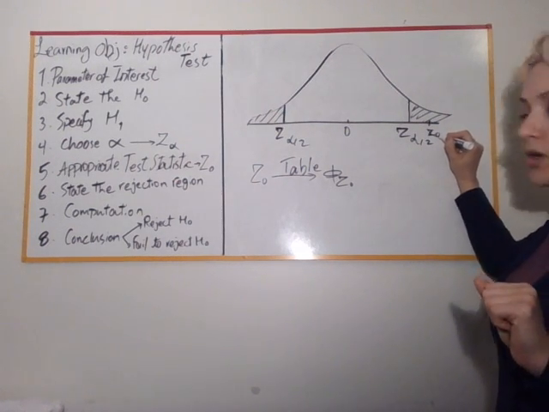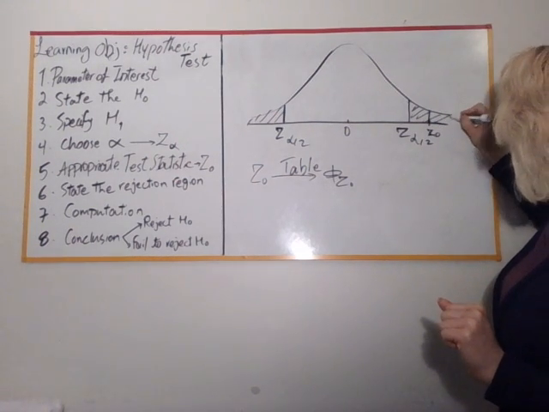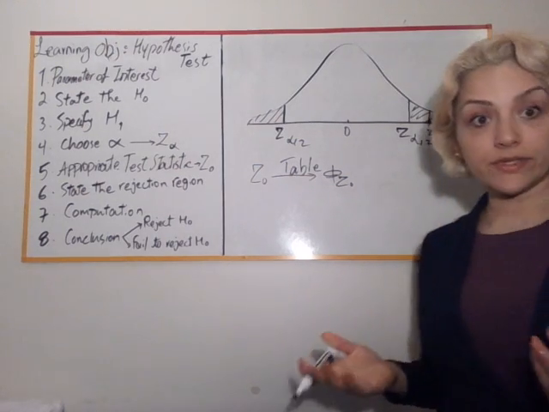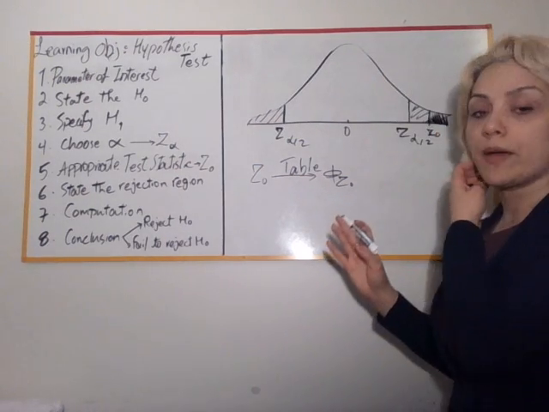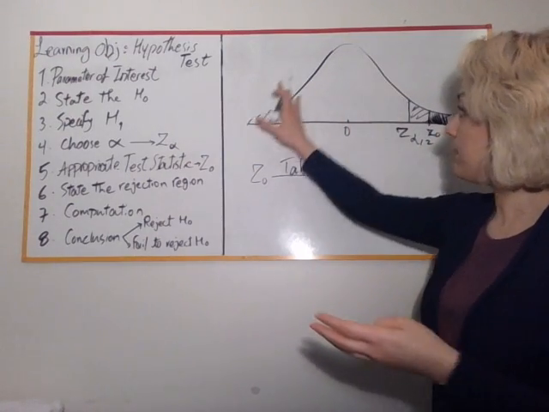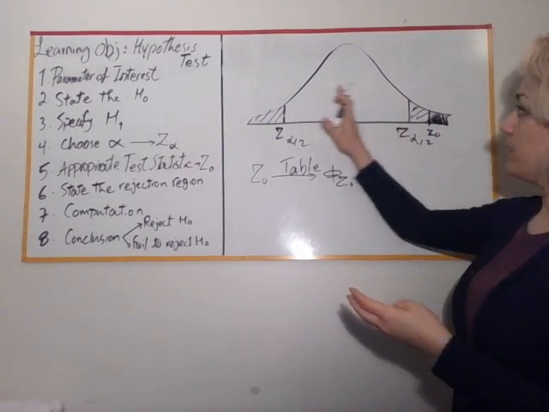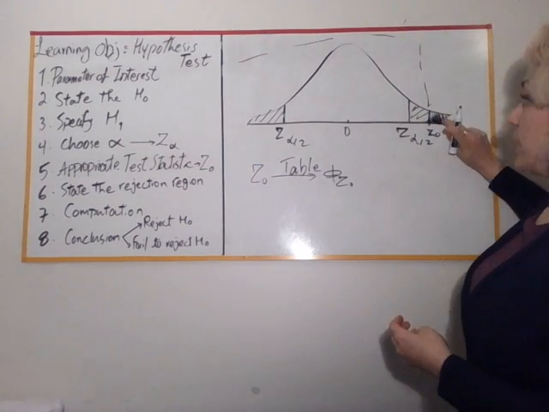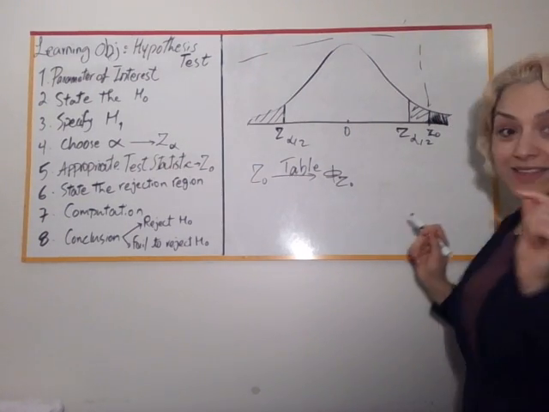Let's say this is my Z null. What would be this amount? I can read it from the table, right? The table is cumulative, so I would need to say 1 minus this amount, to find this area here.